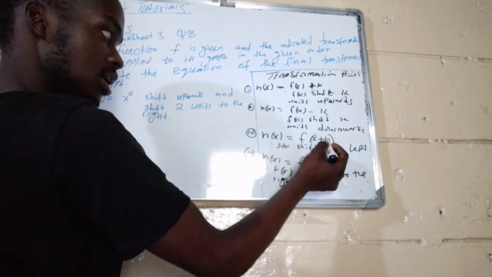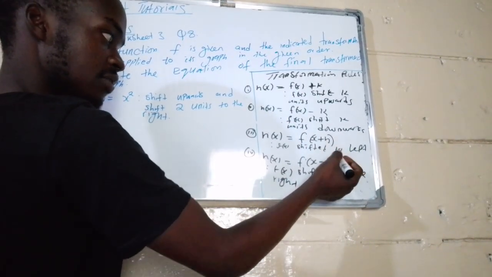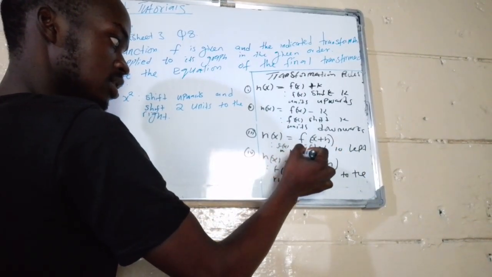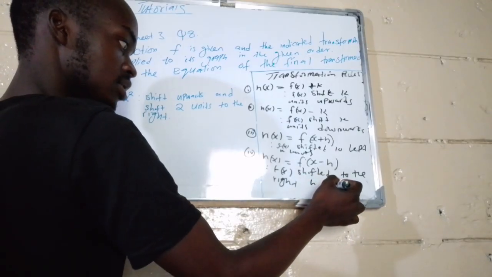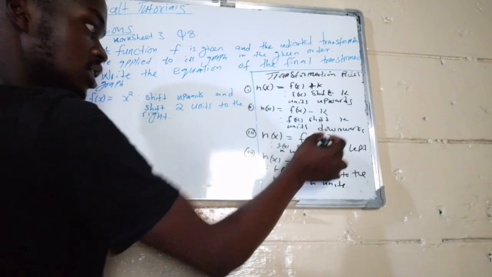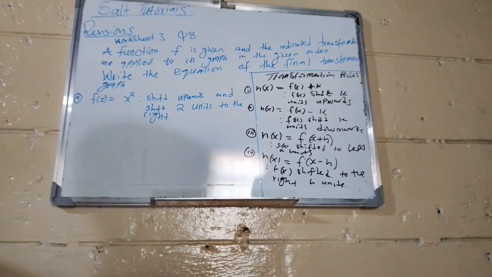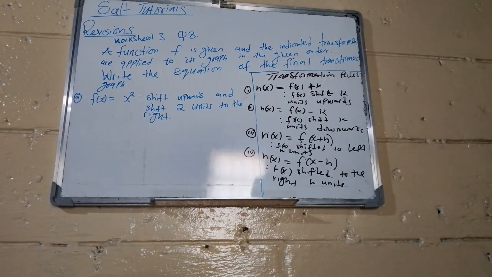How many units? h units, shifted to the left h units and shifted to the right using h units. So this h is just representing any constant value which can be added inside the function.